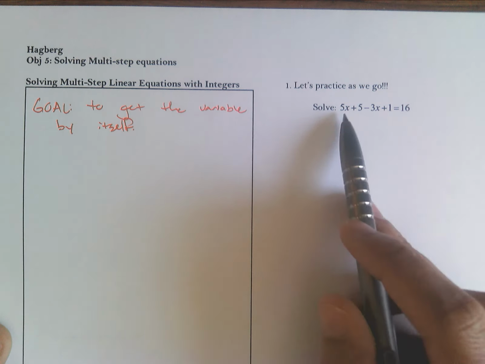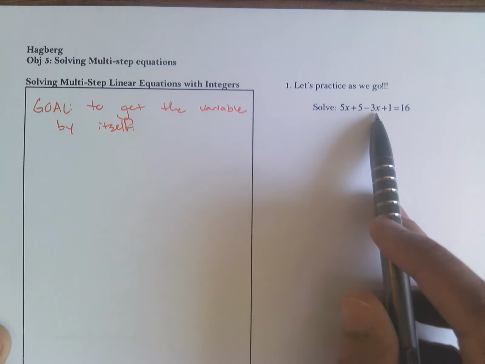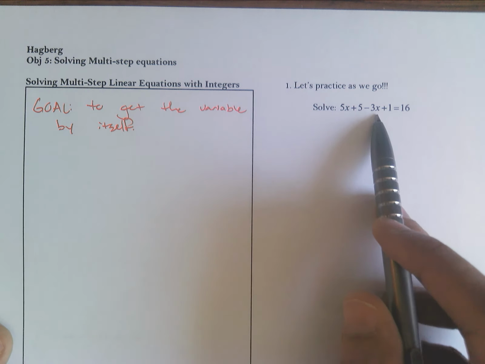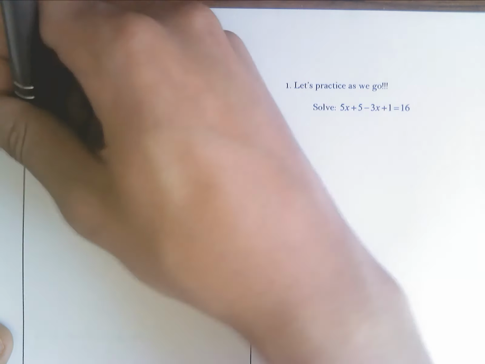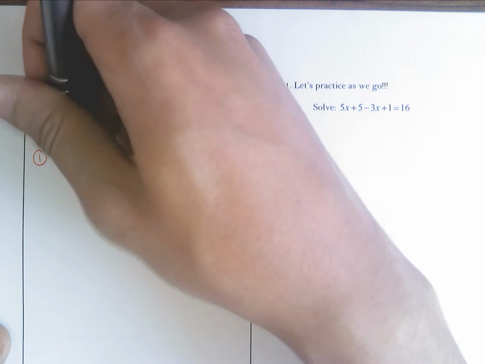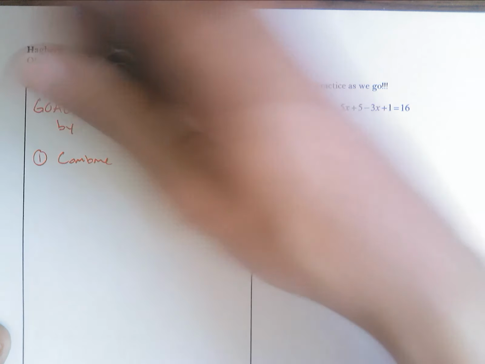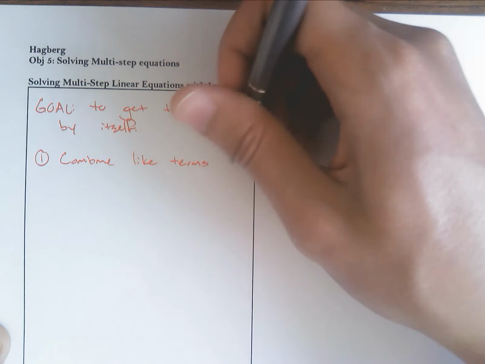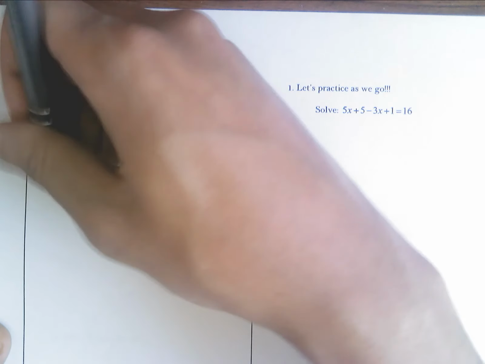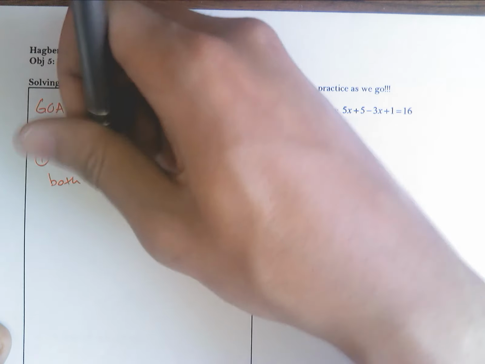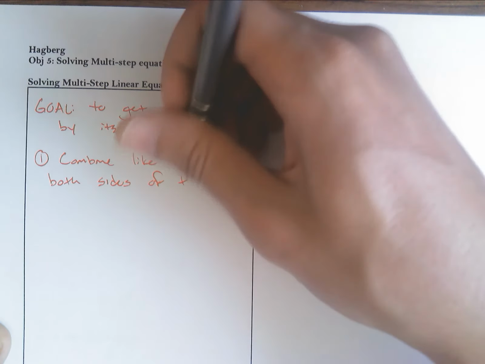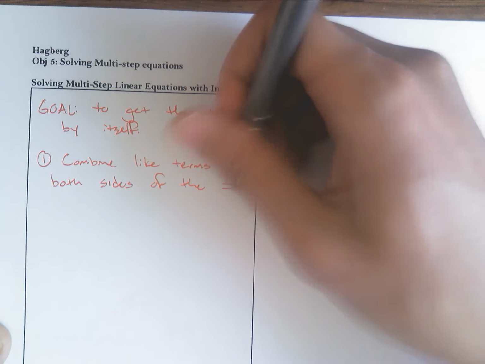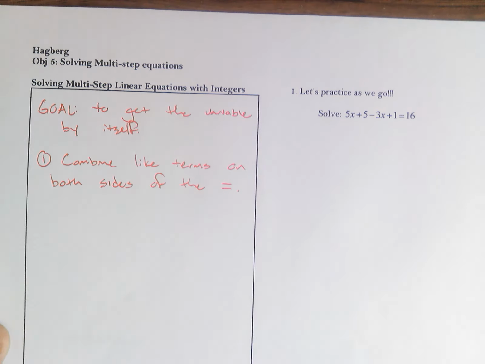Right now we have one here and one here. There are two terms with our variable. So in order to get just one, the first thing that we have to do, which I kind of alluded to earlier, is to combine like terms on both sides of the equal sign. So that's our first step.